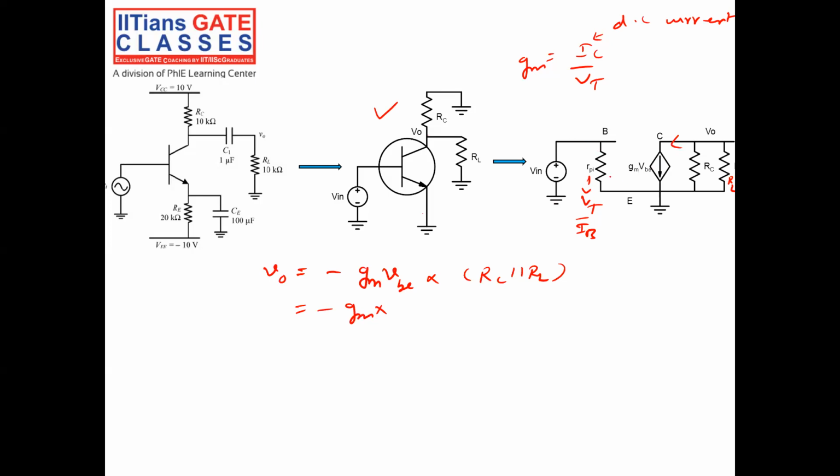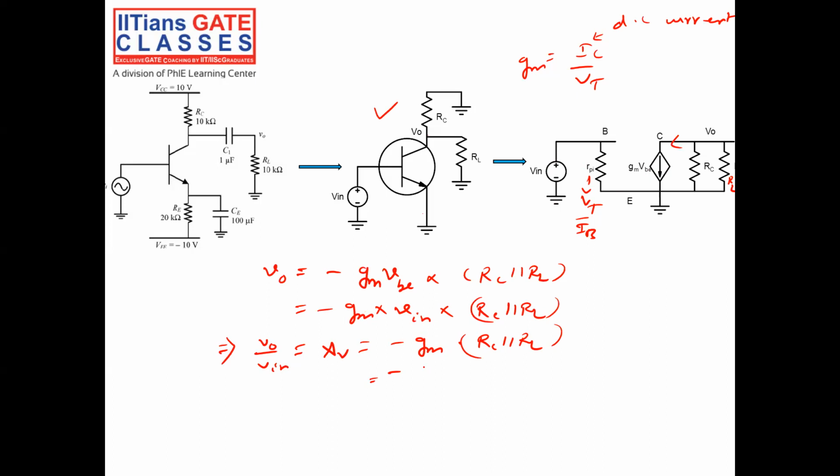Vb is nothing but the base-emitter voltage, which is nothing but Vin only. So V0 = minus gm Vin into RC parallel to RL. This implies V0 by Vin, the gain, is equal to minus gm into RC parallel to RL. Okay. Now put all the values.